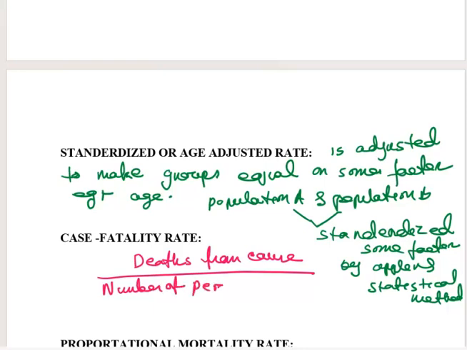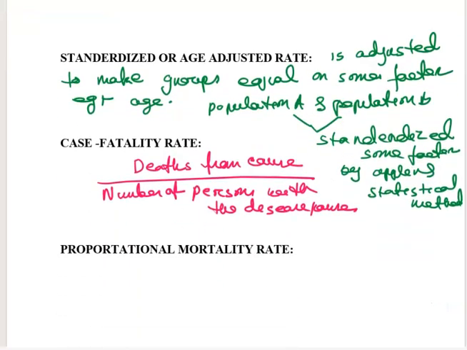Number of persons with the disease or cause. Okay, that's the case fatality rate. So mortality rate from a case, that is, from a cause, fatality from a cause.